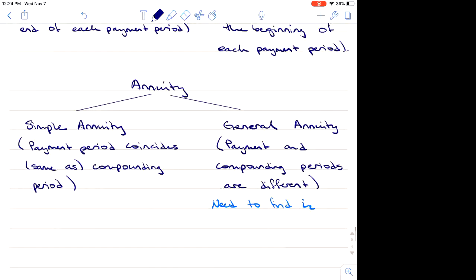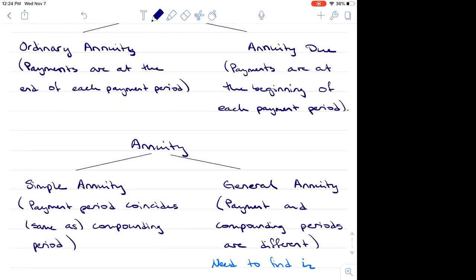Okay. So we can have simple ordinary annuities. We can have simple annuities due. We can have general ordinary annuities. We can have general annuities due. So we can have a combination of these. That's why I wrote out another branch, because I didn't want to have to duplicate them over each of them.